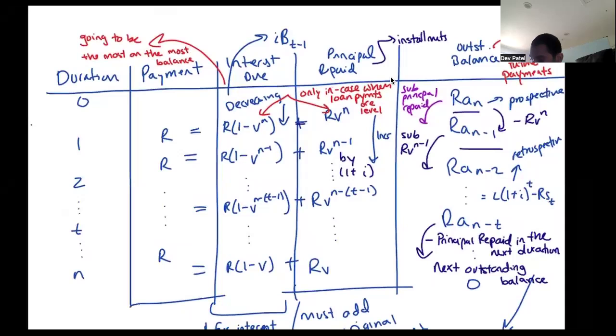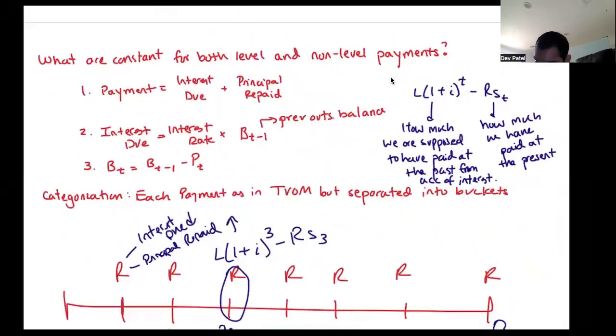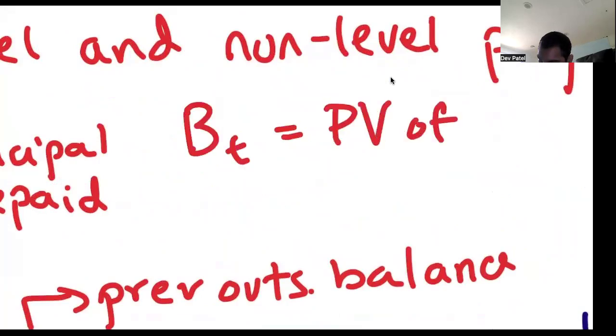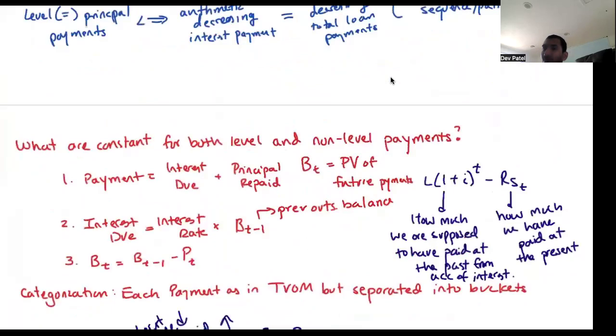And then, outstanding balance is also the present value of future payments. That's another concept you need to remember for non-level payments. If you want to learn more about present value, time value of money and annuities, you really need to understand that concept before moving on to this.